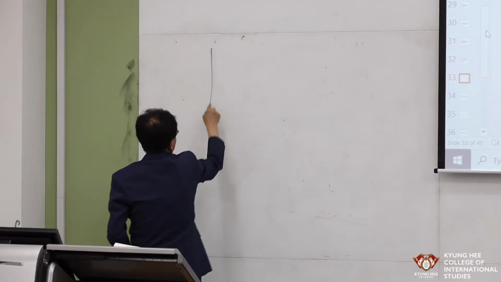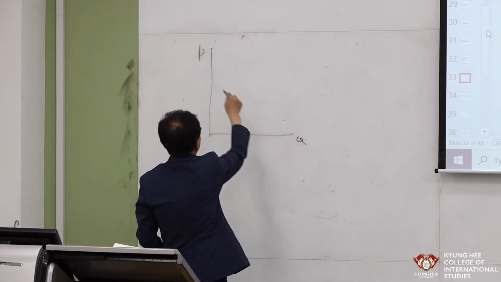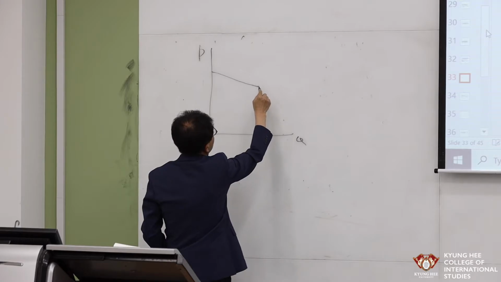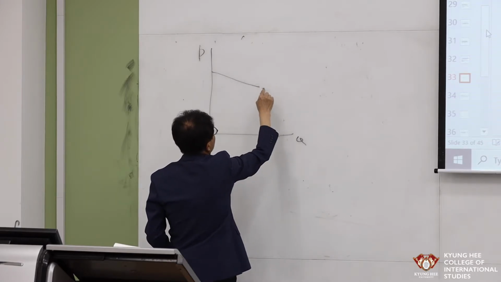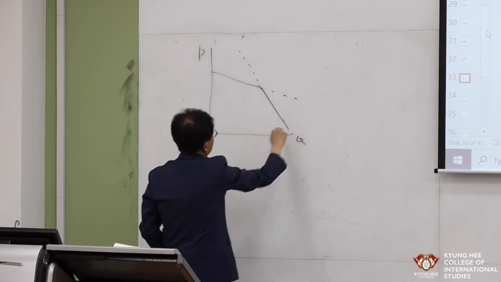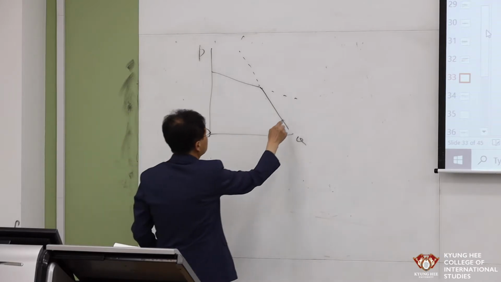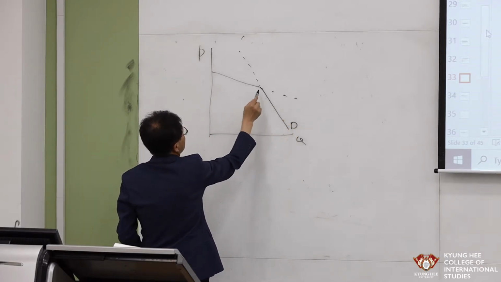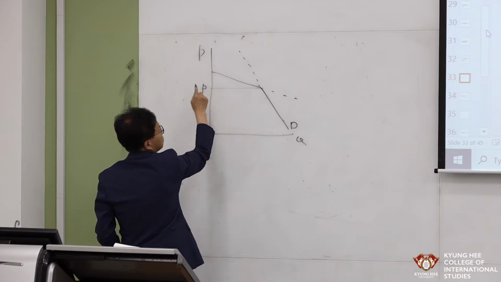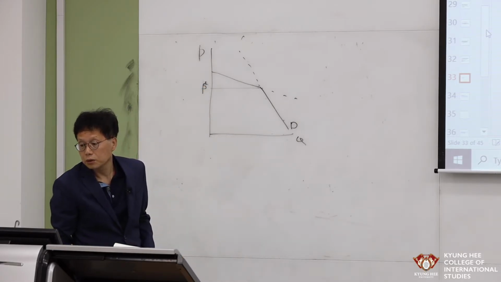So like this, price and quantity, right? And like this, that is the demand curve, right? The prevailing price is here, P star, right? P star.